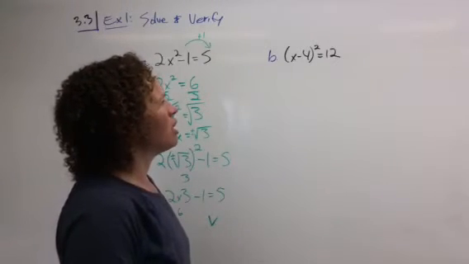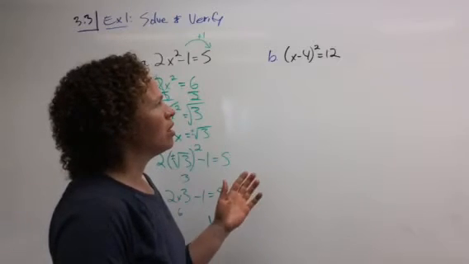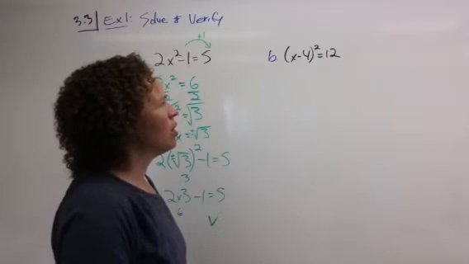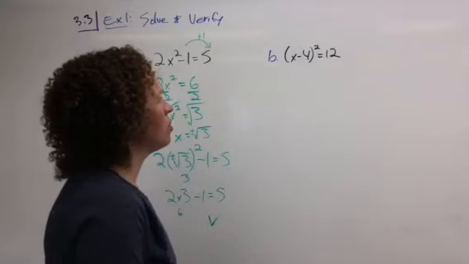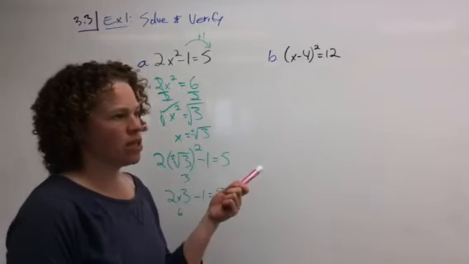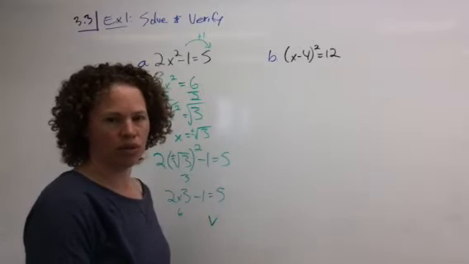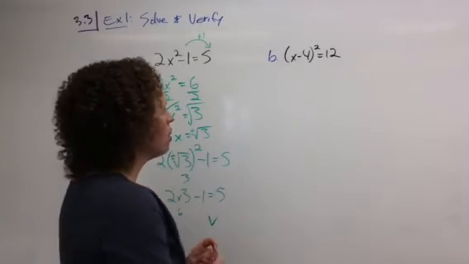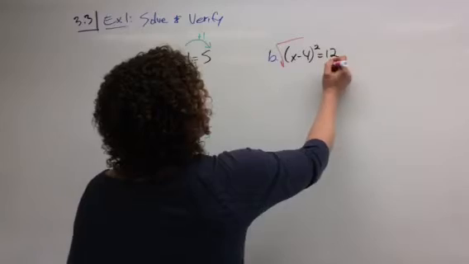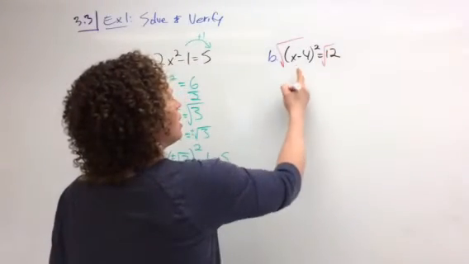It says x minus 4 squared equals 12. So we want to look at it right away and go, oh, it's got a square. Everything is squared on the left-hand side. So I'm going to take the square root right away and get rid of that.